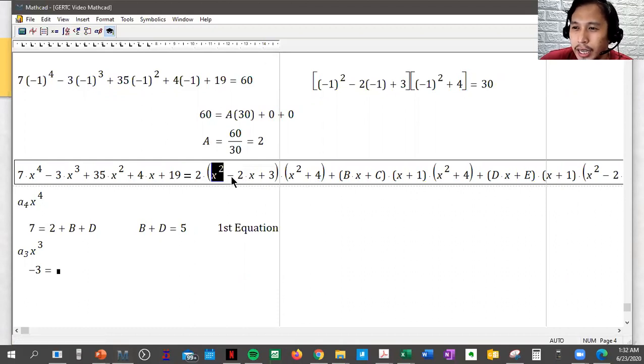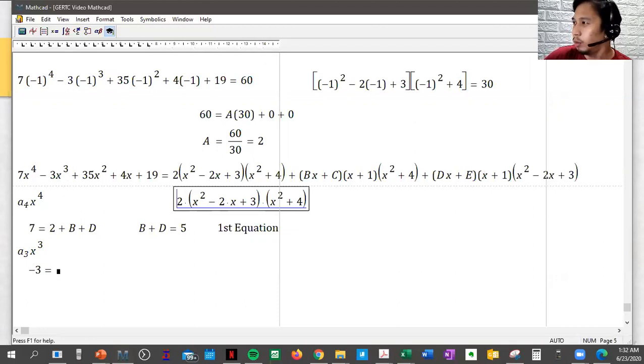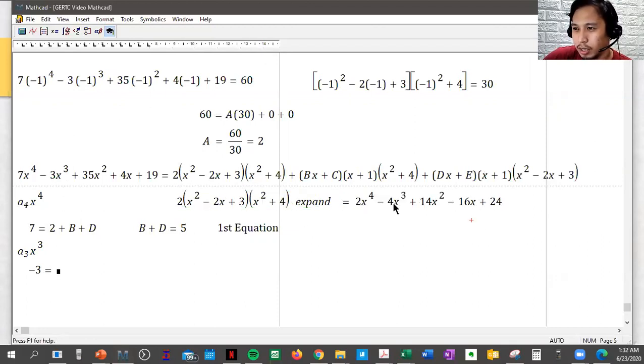How about dito? 2 times -2x times x squared. So that's -4x cubed. Okay? You may expand that if you like to, and its expansion has -4x cubed, no? So -4. But we're not yet done.